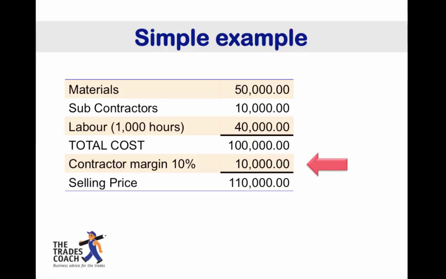It's probably quite common, especially in commercial contracts, because the margins in the top part of the calculation may be quite slim, if at all, and so an overall contractor's margin is added on, which some refer to as the P&G. In this one, we've added 10% contractor's margin for an overall selling price of $110,000.